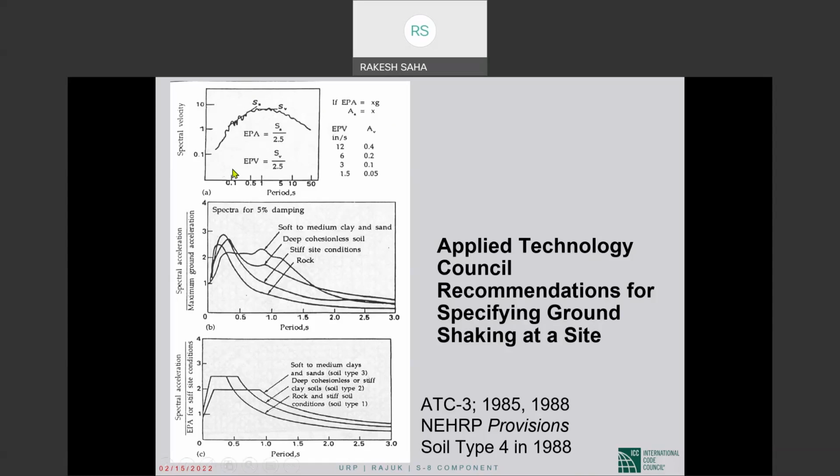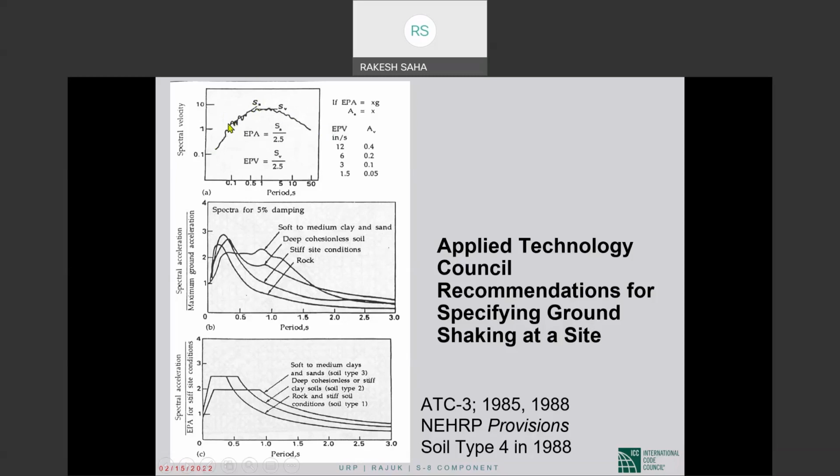So that's where this top figure comes in. We have one of those tripartite spectra, spectral pseudovelocity on the y-axis and so forth. Okay, this is the constant acceleration part of the spectrum because we have period on the x-axis. This is the constant velocity part of the spectrum. This is the constant displacement part of the spectrum.